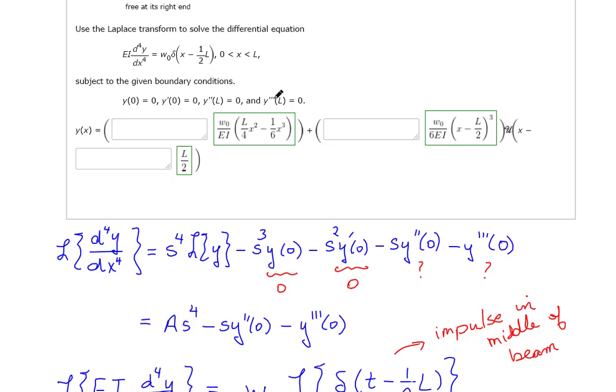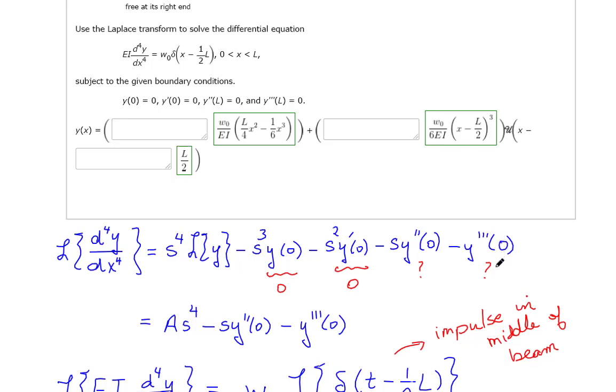Alright, so the Laplace transform of my fourth order y fourth prime: s to the fourth Laplace transform of y, minus s cubed y at 0, minus s squared y prime at 0, minus s y double prime at 0, and finally minus y triple prime at 0.